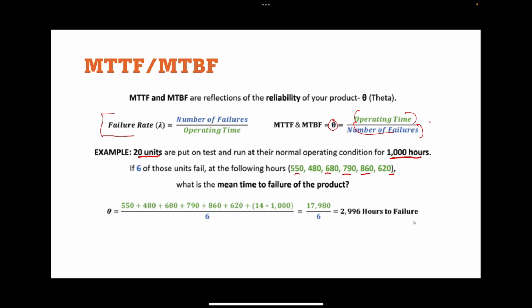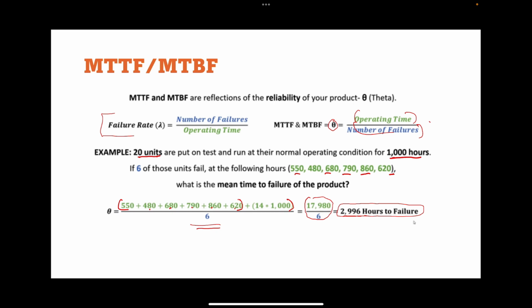The operating time is 550 plus 480 plus 680, 790, 860, 620, which are the products that failed, plus 14 into 1000, since these 14 products have not failed and survived the 1000 hours. So this is 17,980 divided by 6. If we notice, this is just the reciprocal of the failure rate, or 2996 hours to failure. So this is the mean time to failure.